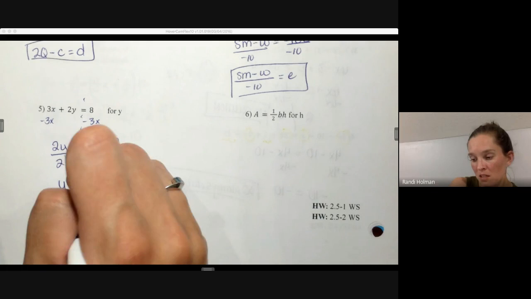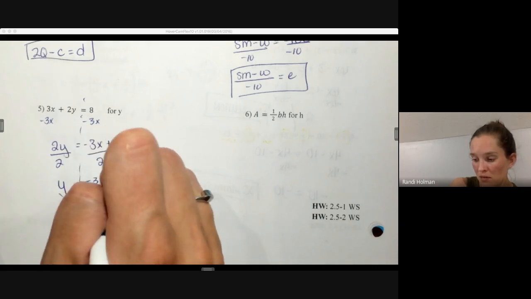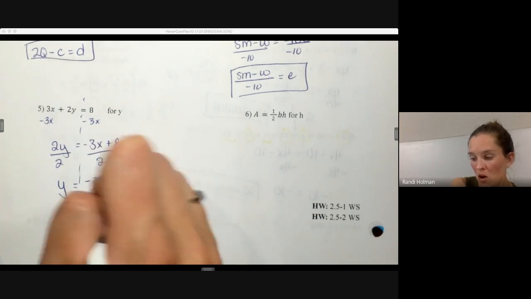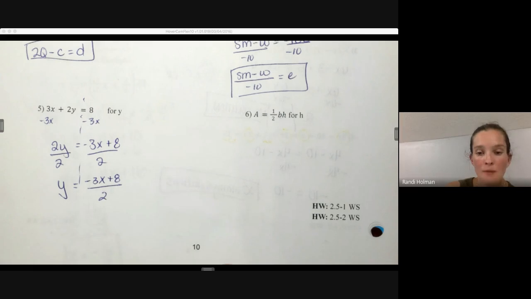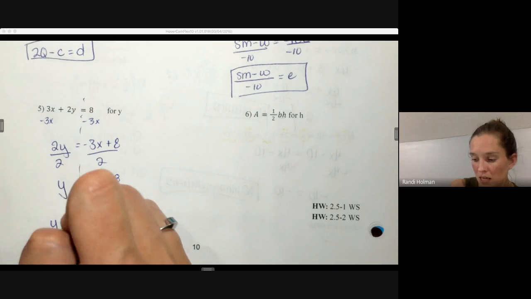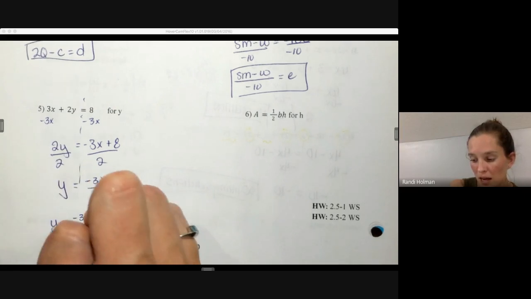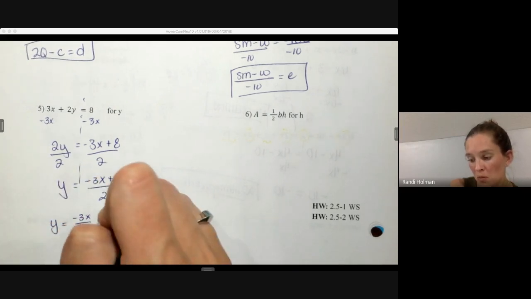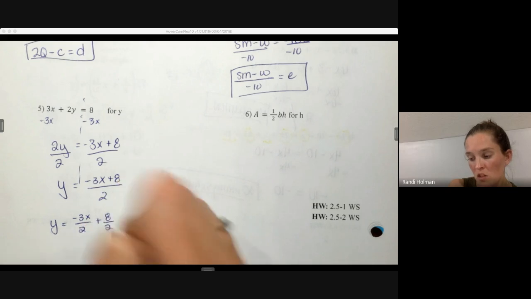We could leave this right here and say y is negative 3x plus 8 over 2. Oftentimes when we're doing this year, we really want to have those be two separate terms. So remember, with fractions, we can split it up. We're dividing the whole thing by 2, so we could write this as y equals negative 3x over 2 plus 8 over 2.